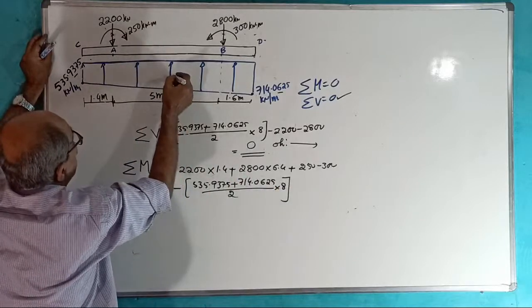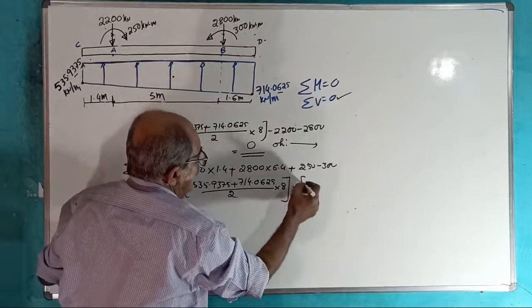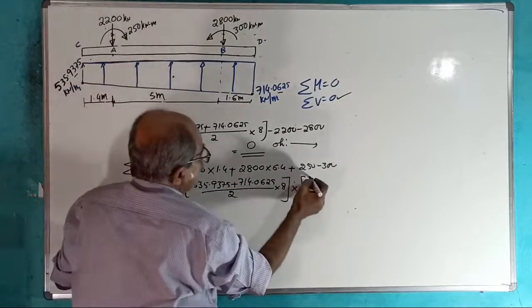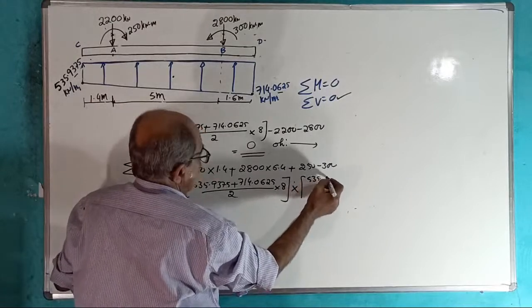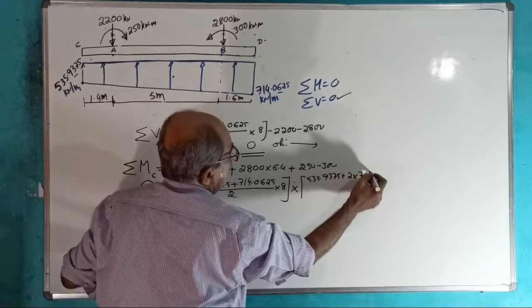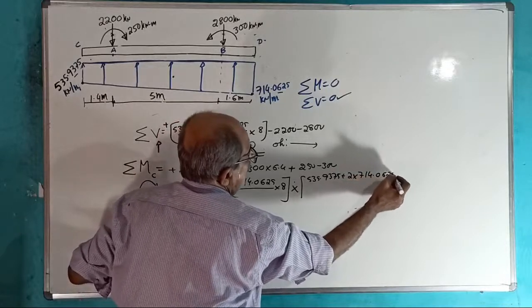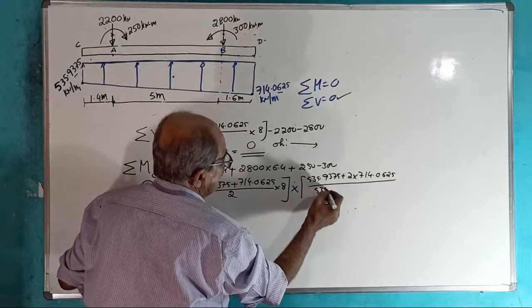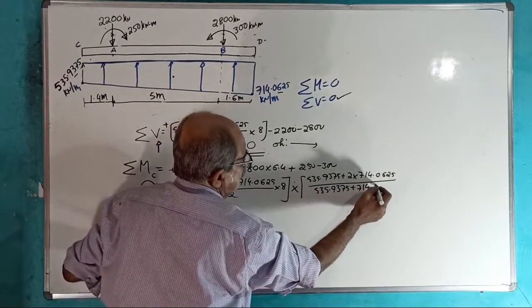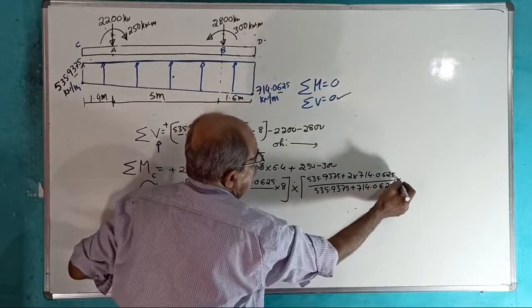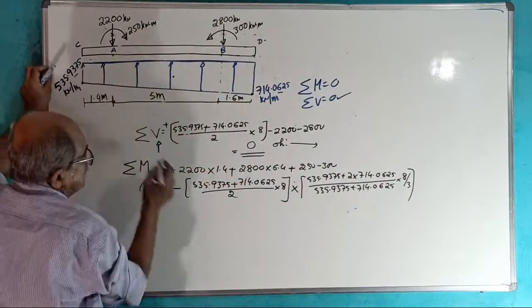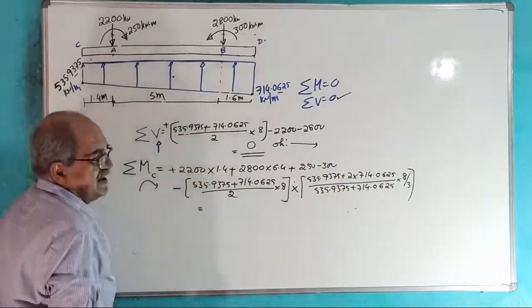It will pass somewhere here, multiplied by, from here, the resultant line will be here: 535.9375 plus twice of 714.0625 divided by 535.9375 plus 714.0625 into 8 divided by 3. That is the distance of CG from this end. You calculate this answer first.